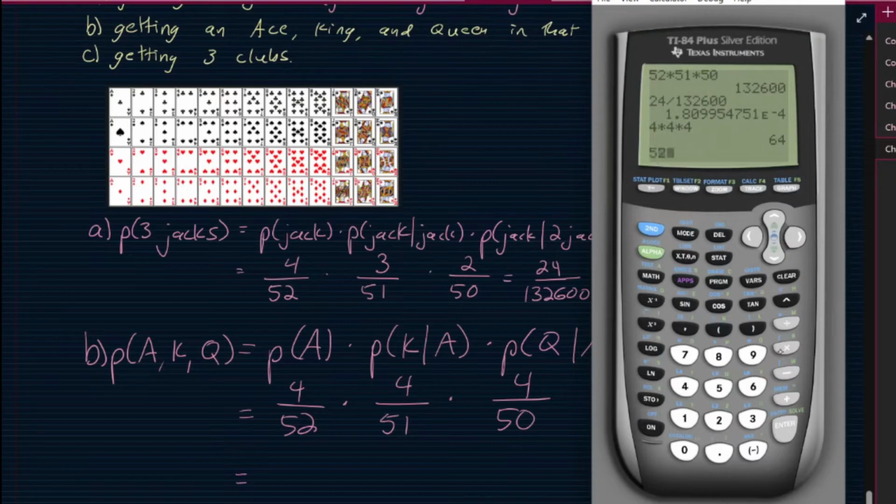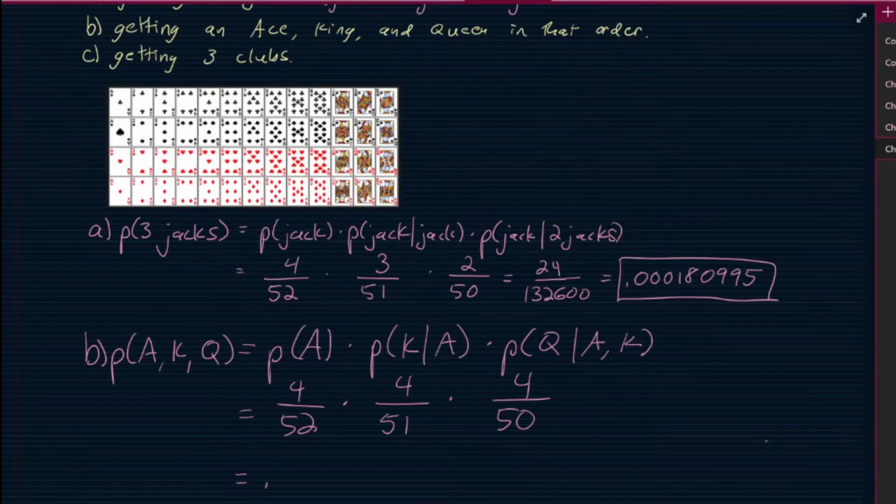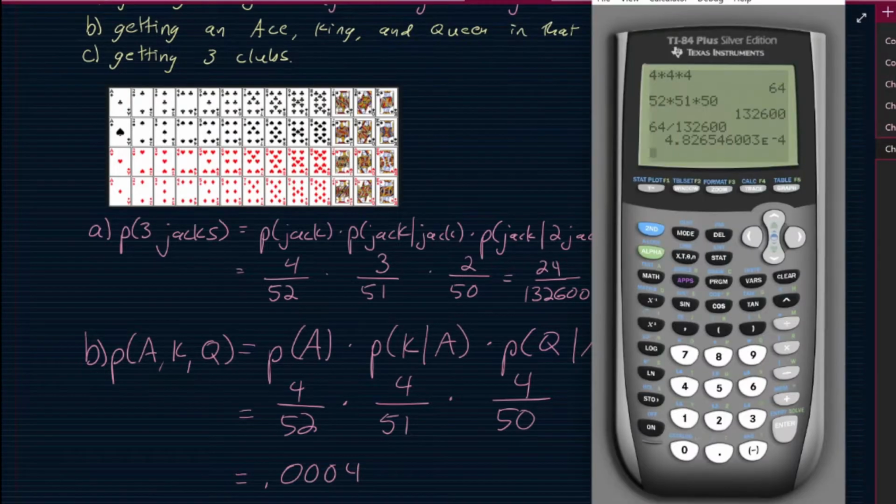It's 64 divided by 132,600. That's 0.0004825, right? Again, we move the decimal 4 spots to the left. Gives us 0.0004825.